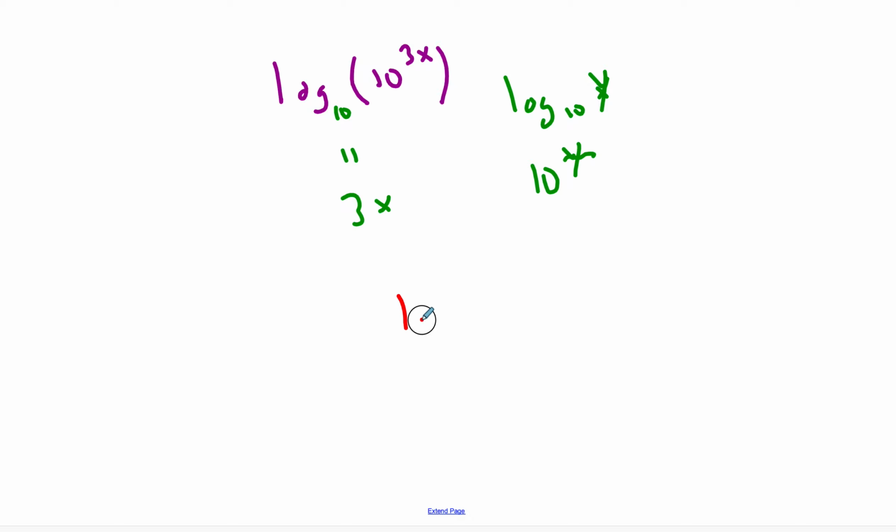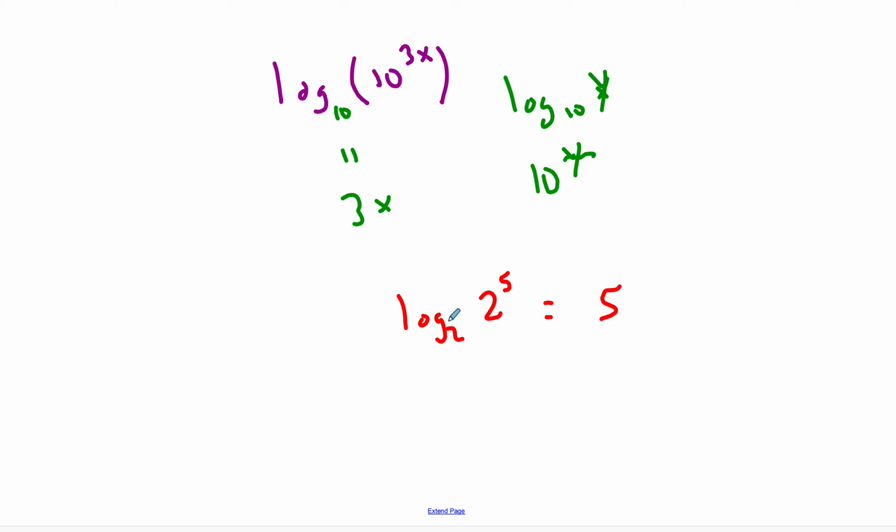So if you had the log base 2 of 2 to the 5th, it turns out you could actually figure that out. 2 to some power equals 2 to the 5th, and that's relatively obvious. Or you could recognize that they're inverses. One way to go is you recognize they're inverses, it cancels out, and you're left with 5.